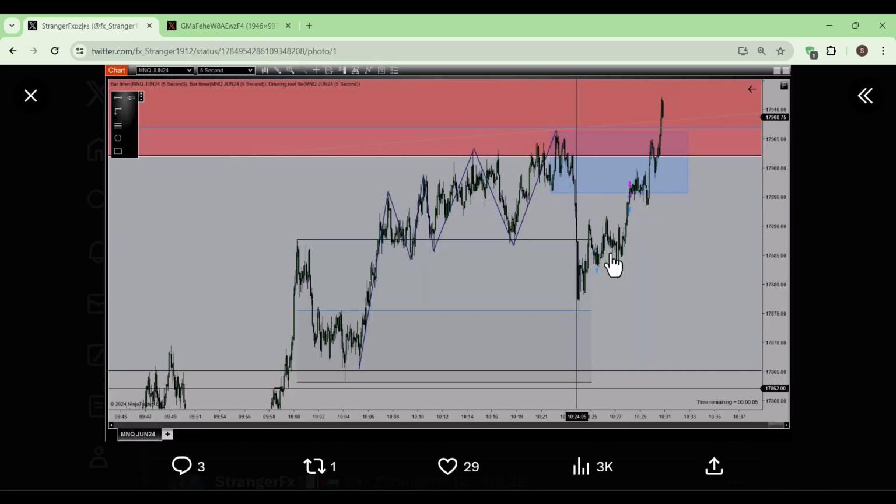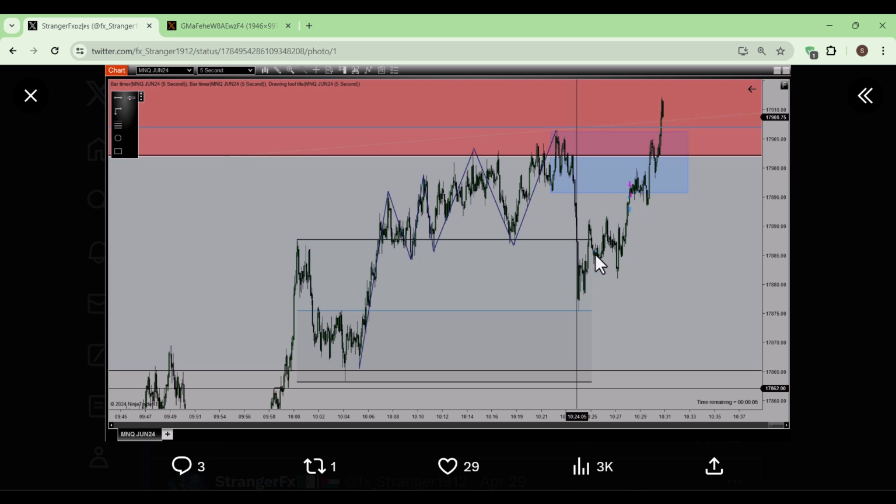Here's another beautiful example. We have this unmitigated zone, price is building liquidity above it. We have a break of structure, leaving an unmitigated zone, tapping into this unmitigated zone. So we are entering from an unmitigated zone, exiting into an unmitigated zone, as you can see, right? Entering from here, exiting from here.